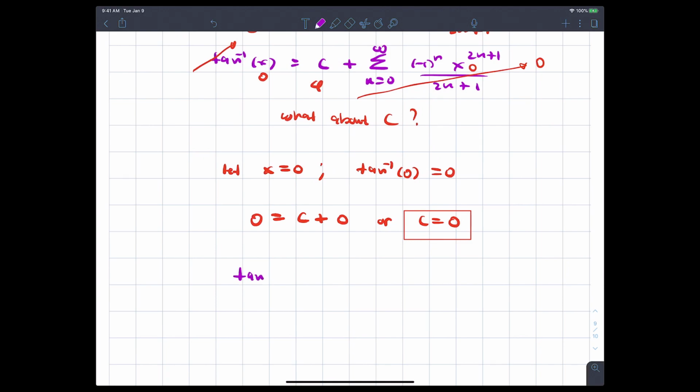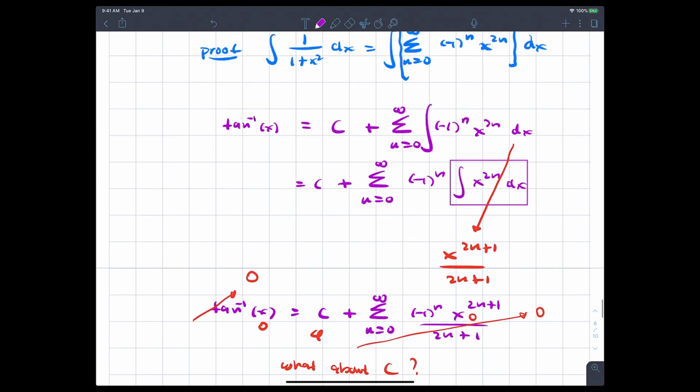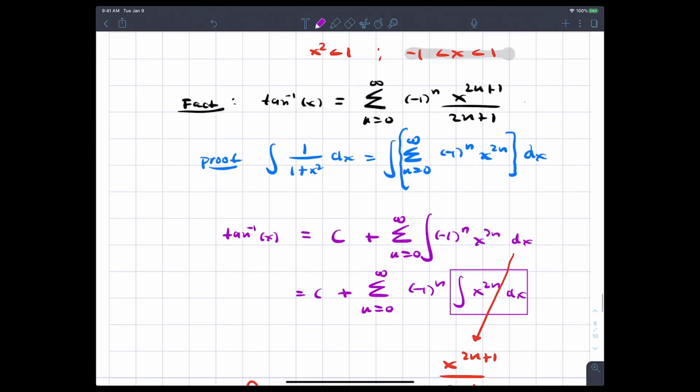So that eliminates the constant. So you end up with the inverse tangent being the summation, n is 0 to infinity, negative 1 to the n, x to the 2n plus 1, in fact, over 2n plus 1. And this is exactly the statement they want you to know. So it's an illustration of how integration can help you with some of these power series expansions.